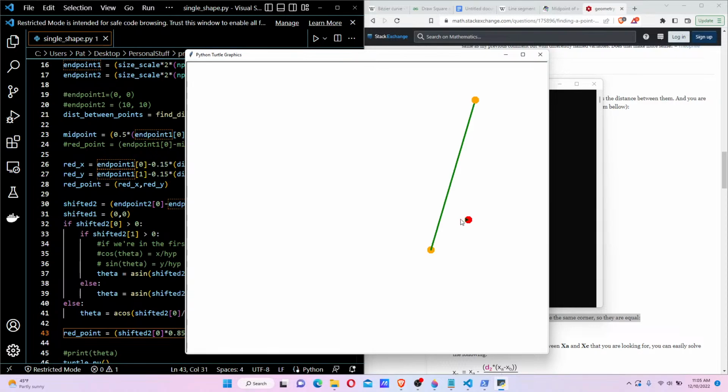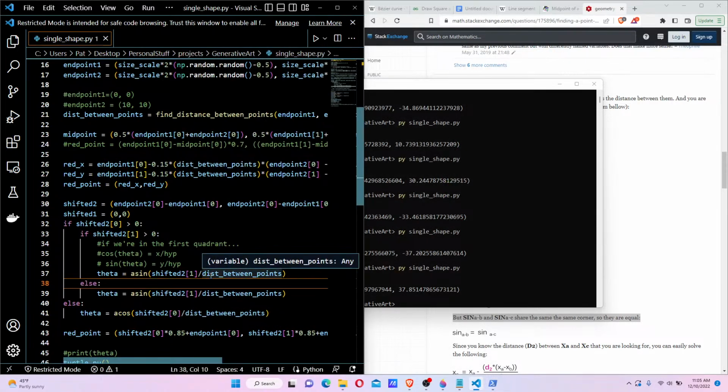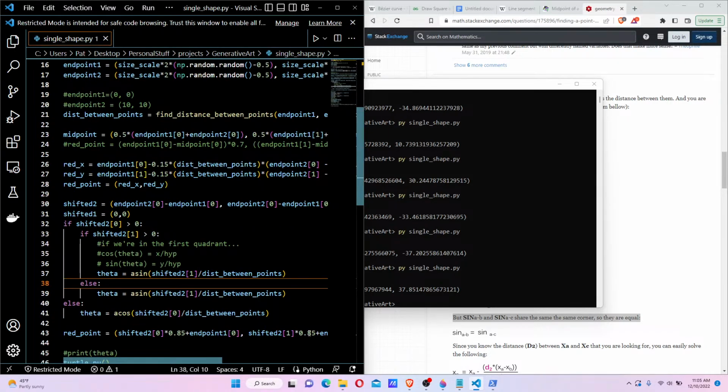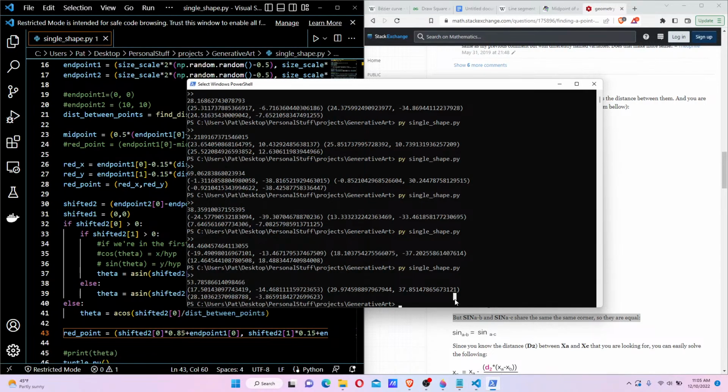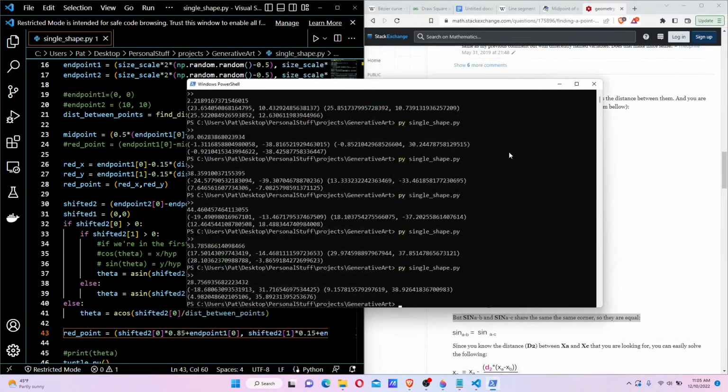So it seems like the x distance is off. Maybe you need to do one by 0.85 and the other by 0.15. Let's see if that will work. And I could tell that's what I want, and it's just off by that amount.